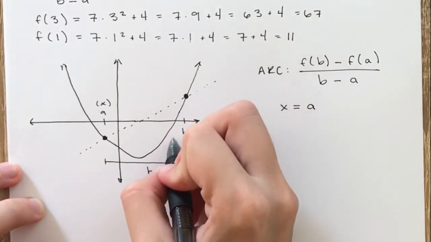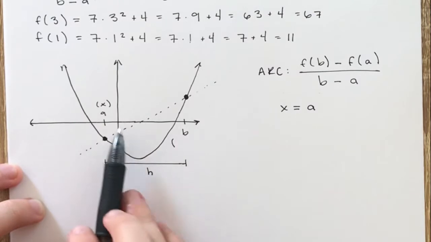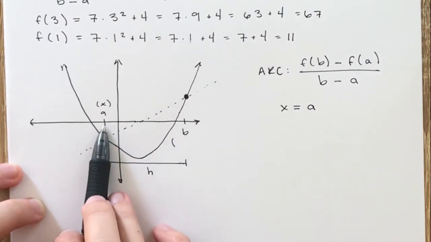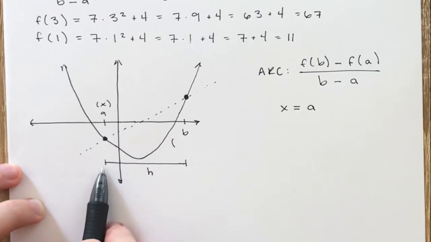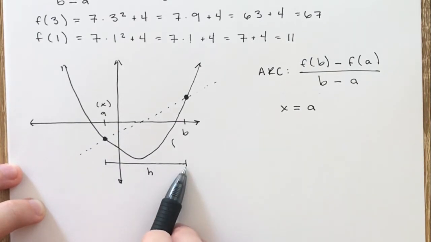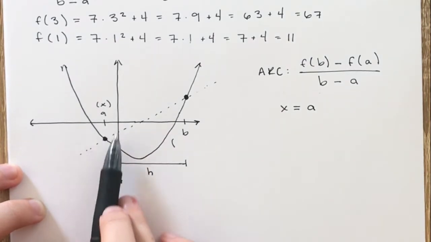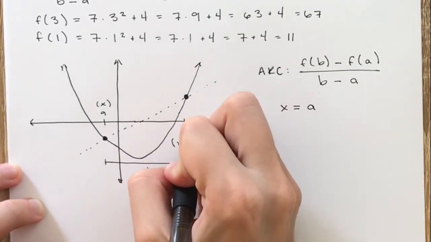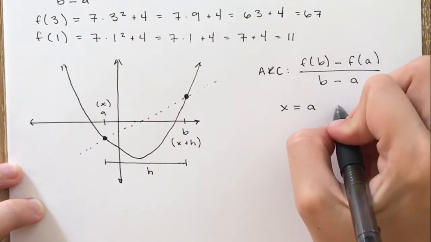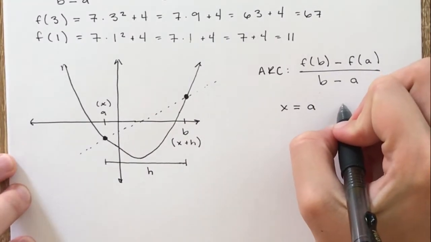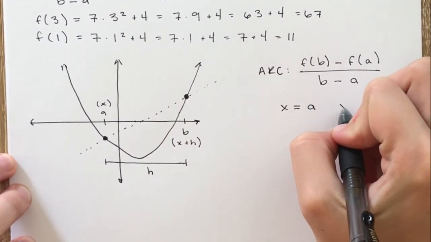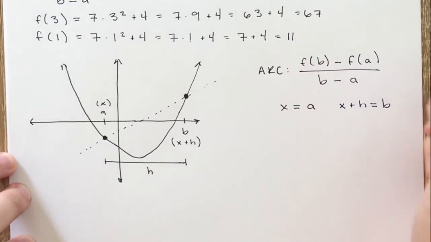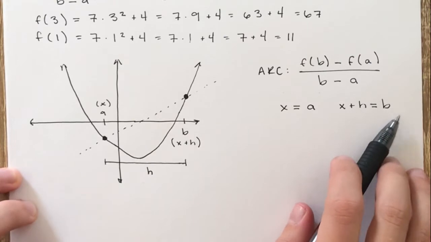So then what does that mean that our second point is called? Well, it should be x and then h more, so x plus h. So now b is x plus h.